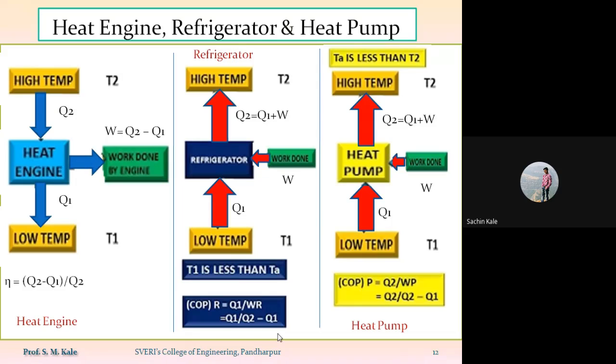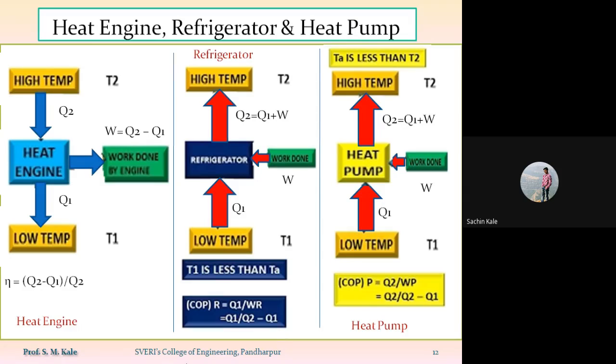In case of a refrigerator, the refrigerating effect is the amount of heat absorbed from a lower temperature body. Whereas in case of a heat pump, the refrigerating effect is the amount of heat rejected to the higher temperature body.